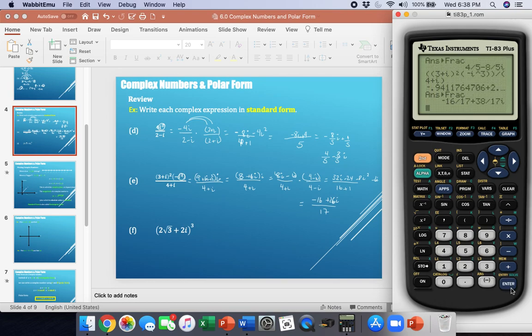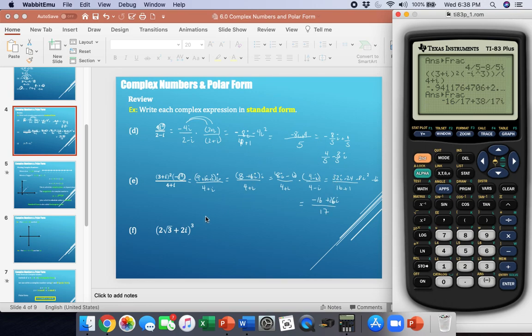Oh, look. Negative 16 over 17 plus 38 over 17 i. So I made a mistake in my math, right? Somewhere here. Oh, look. Negative 6 times negative i is a positive 6, right? So it was worth my while to check my work here.